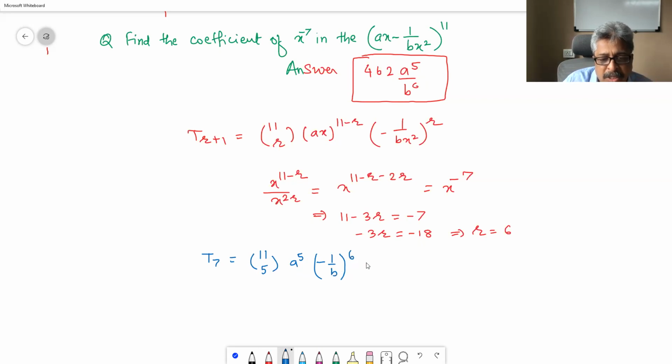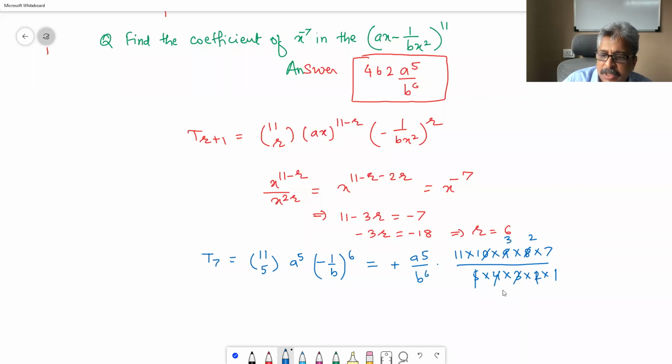That is what it is, and therefore it is a positive sign: a raised to 5 upon b raised to 6. What we need to find out is 11 choose 5: 11 into 10 into 9 into 8 into 7 upon 5 into 4 into 3 into 2 into 1. Okay, so 5 into 2 is 10. 4 multiplied by 2 is 8. And 3 into 3 is 9.